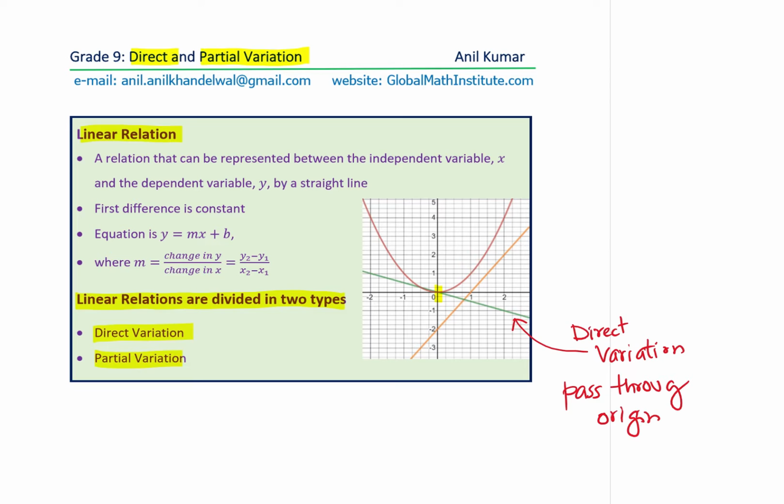The other graph shown here, which is in orange, is partial variation. We will have a graph which does not pass through origin.